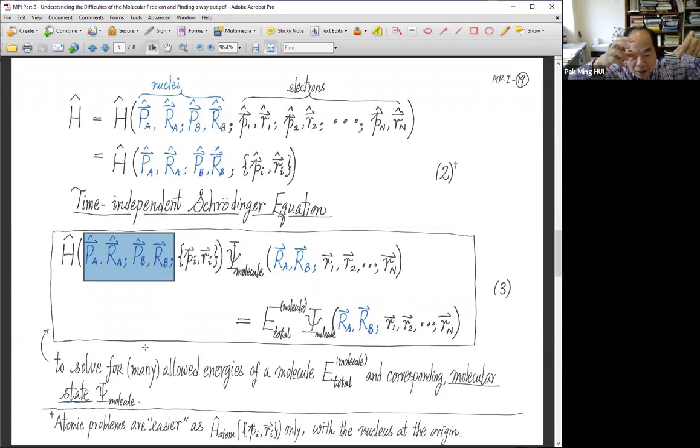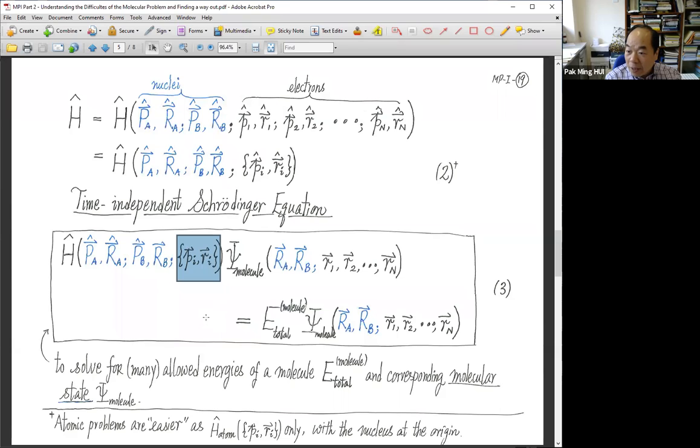Then this operator, the kinetic energy, becomes zero, they don't move, and the position is just a parameter. A is here, B is there, no longer an operator.